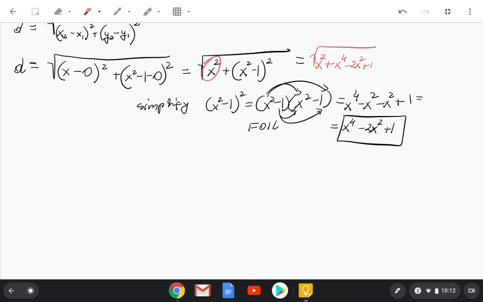Okay, and that will give us x squared minus 2x squared. Let's combine it together. So we will have x to the 4 minus x squared plus 1.